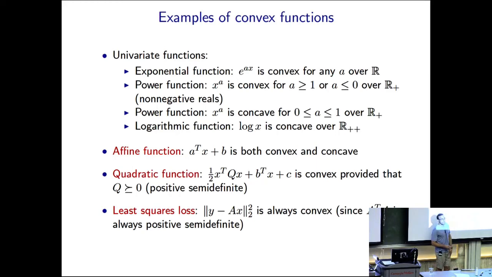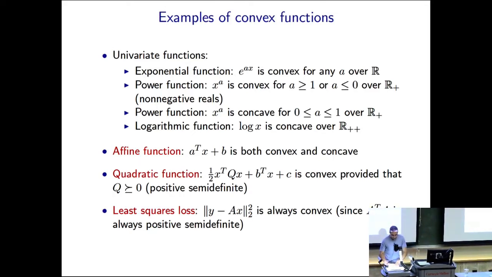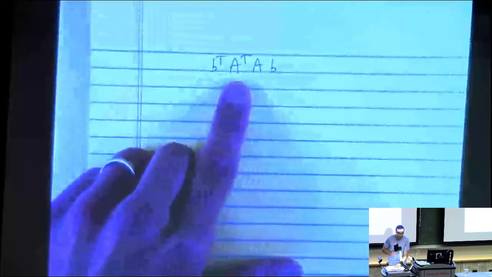This is always going to be convex. Why? If you expand this, it looks like a quadratic of this form. And Q in that expansion is A transpose A. A transpose A is always PSD. How do you see that? If you've forgotten some things from your linear algebra courses, as an example, I can just take any vector b, and I look at b transpose times A transpose A times b, then this is always going to be non-negative. Why?